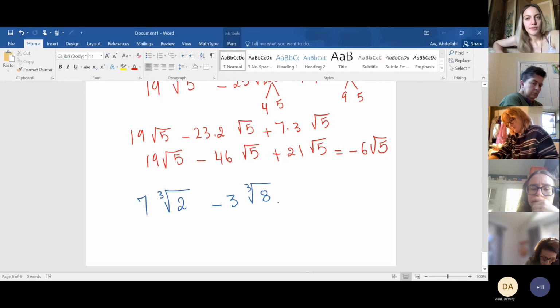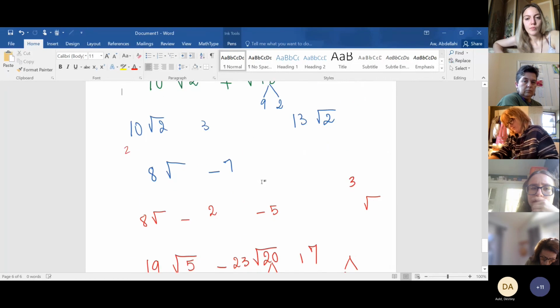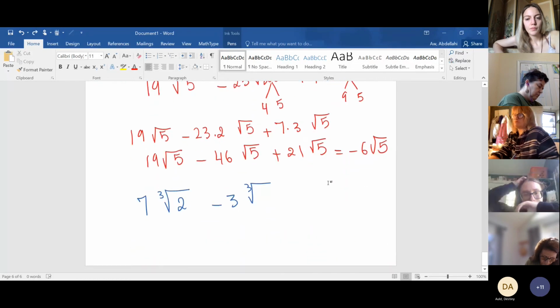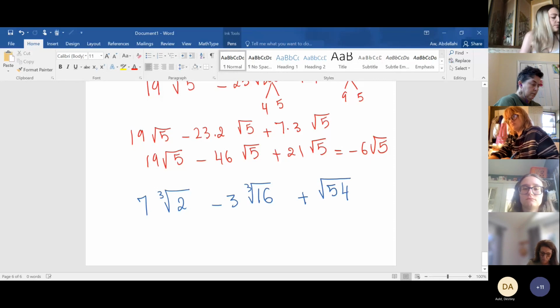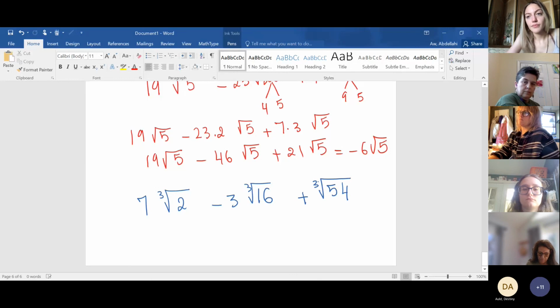No, I'm sorry, 3 cube root of 16, right? Plus... you see, something like that. Same thing, but now it's about cube roots. It's not square roots, it's cube roots. Now, the way we're going to break down the number will be a little bit different, right?